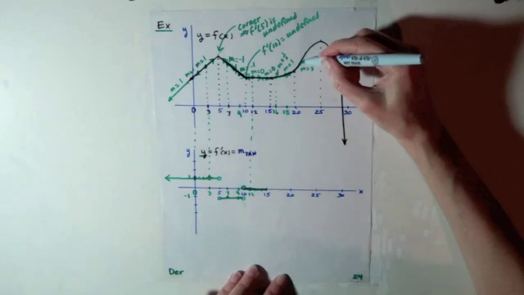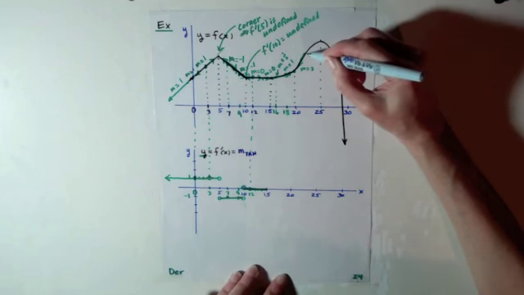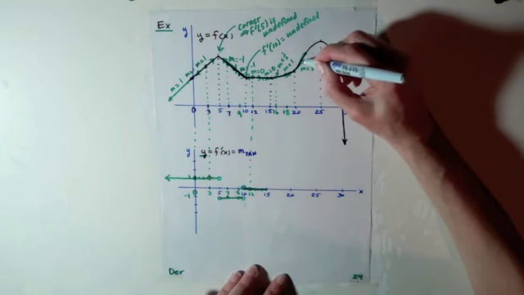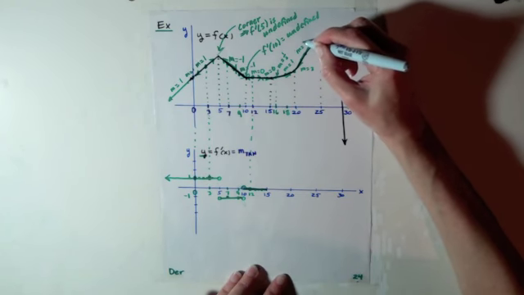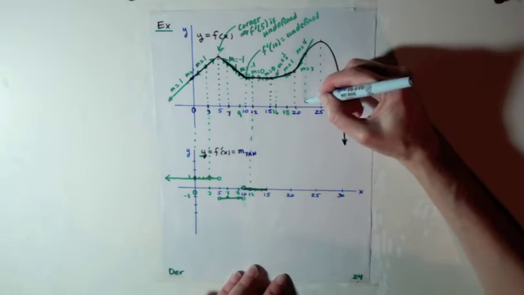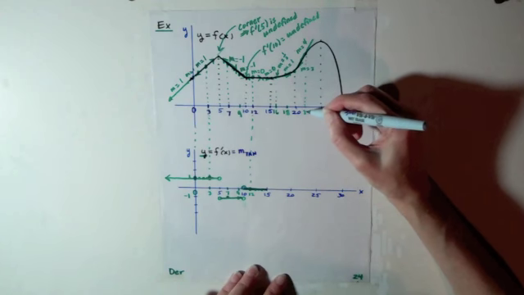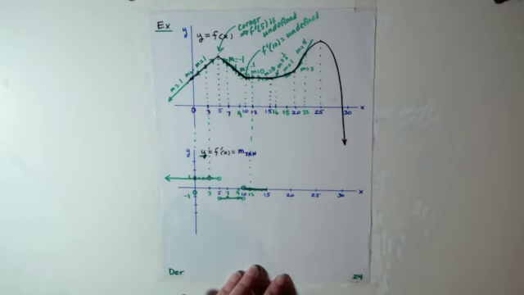And as I continue past 20, it looks like the slopes of the tangent lines are getting steeper. So maybe I have a slope of, I don't know, 4, something like that, when I get to the value x equal 22. And then we'll talk about what happens after that point in a moment.